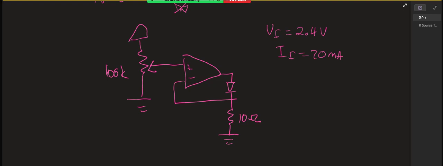Maximum current. Okay, so the max and minimum. Okay, so we know that we have a potentiometer. What is a potentiometer? It's a variable resistor, and we know that V plus has to equal V minus.